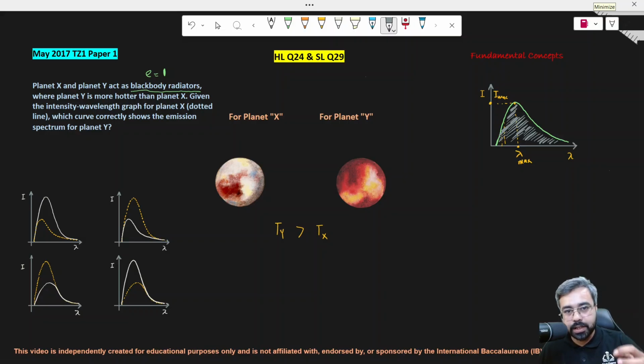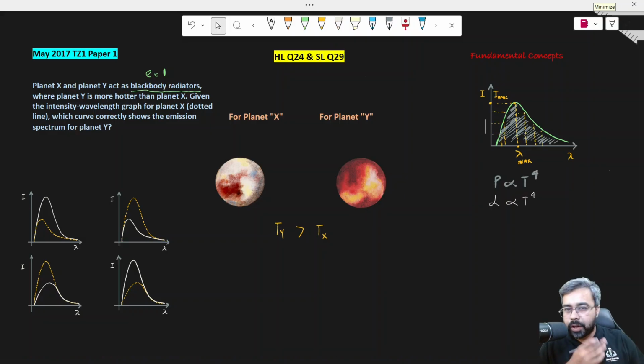We know that power is proportional to temperature raised to the power 4 according to the Stefan-Boltzmann law, or you can say luminosity is proportional to T to the power 4. Now, if I connect this intensity wavelength graph with the planet situation, remember that this planet is going to release from the minimum wavelength, the gamma ray, to the maximum wavelength electromagnetic, which is radio waves, and also visible light.